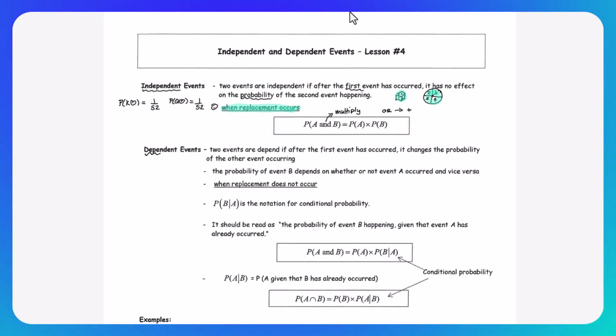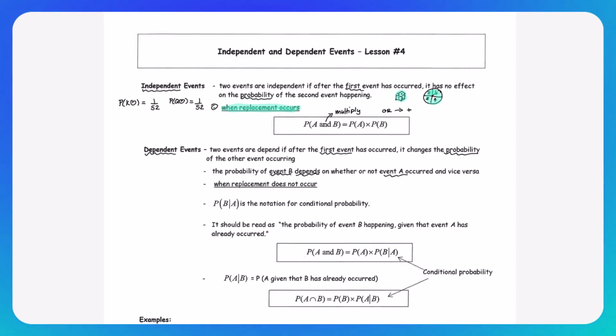Now, dependent events, as you probably already have guessed, are those events that have dependency on one another. In other words, if a first event has occurred, then it changes the probability of the second event occurring. We'll say that the probability of event B depends on whether or not event A has occurred, or vice versa.